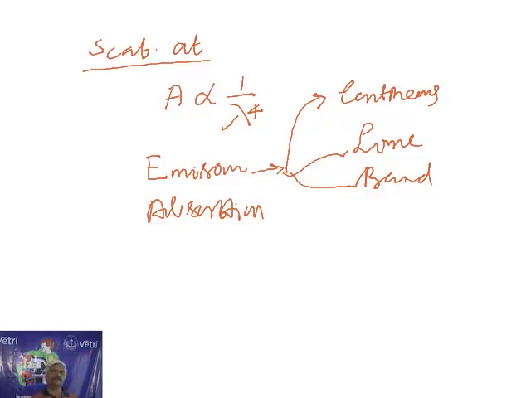Very good example, we know hibiscus rosa-sinensis. We know the color of that flower is always red. Why does it look red? Because it absorbs all the colors except red. So these are all the things you have to understand about the continuous absorption spectra.